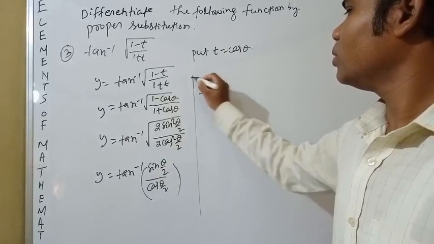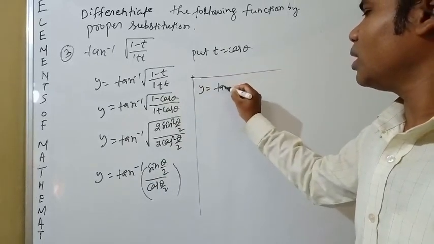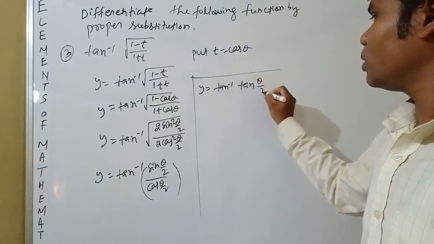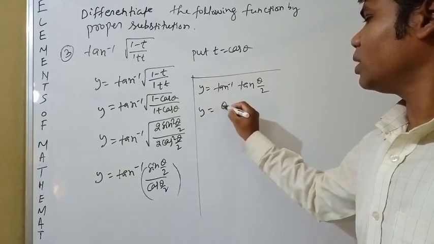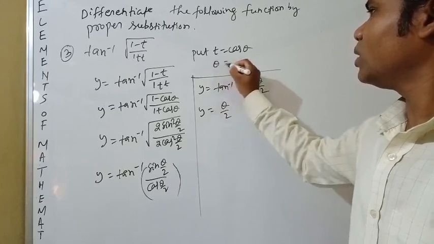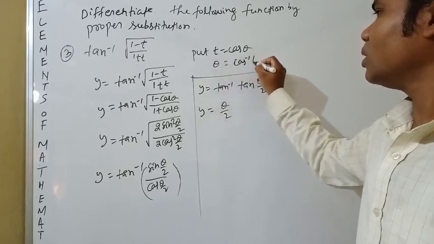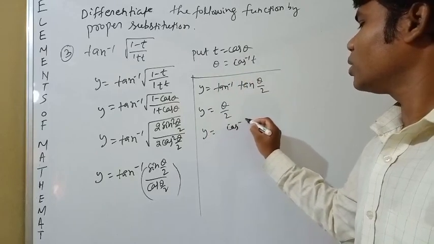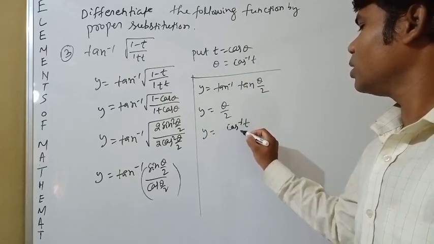Y is equal to tan inverse tan theta by 2. Y is equal to theta by 2. You know theta is equal to how much? Cos inverse t. Y is equal to cos inverse t by 2.